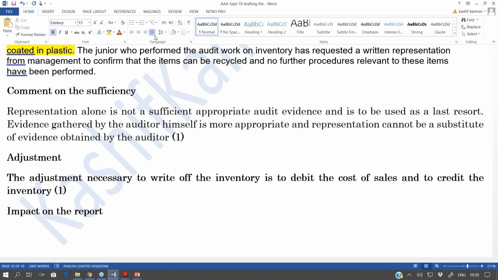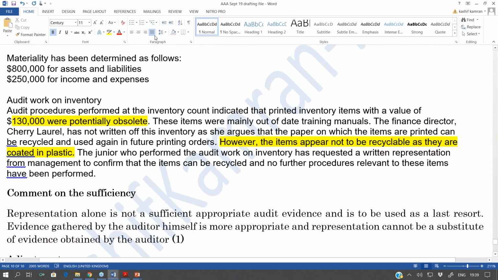So is $130,000 material? How much is the materiality for income and expenses? 250. And how much is the materiality for assets? 800. So is it less than $800,000 for assets and $250,000 for income? So do you all agree this is immaterial, $130,000, because the materiality has already been given, right?